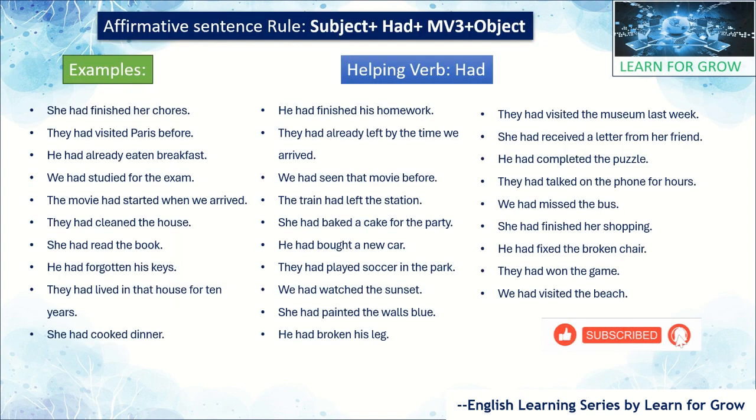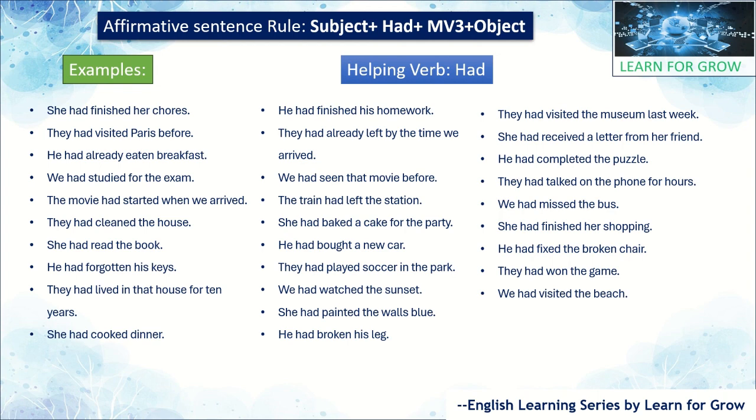Okay, these are the examples of the affirmative sentence rule. From this rule and these examples, as I said earlier, we need to compare with the rule I have given. We need to use the helping verb had first.